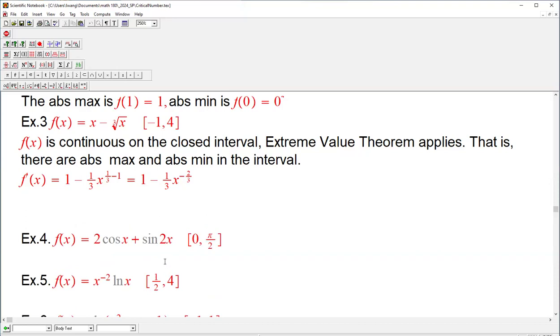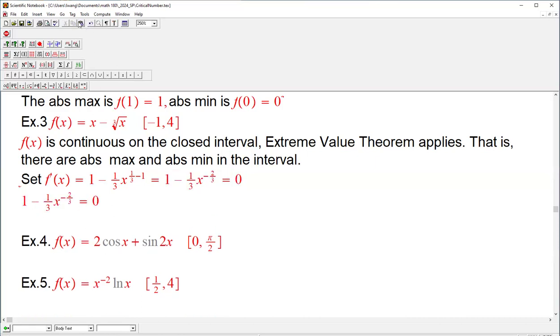Of course our next step is we try to get a factored form. But in the given interval, there are no points where the derivative is undefined, so it's differentiable, no problem. We just go ahead and set it equal to 0. So we're solving this equation.